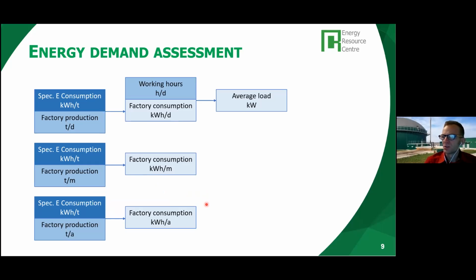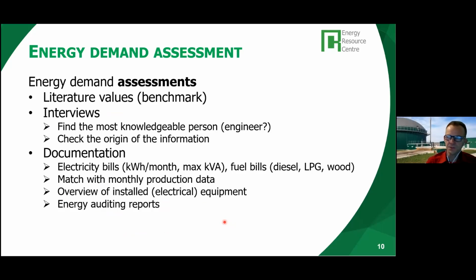And of course, in the end, also for the annual output, which will give you to some extent the factory consumption on an annual basis. So literature values as a benchmark.